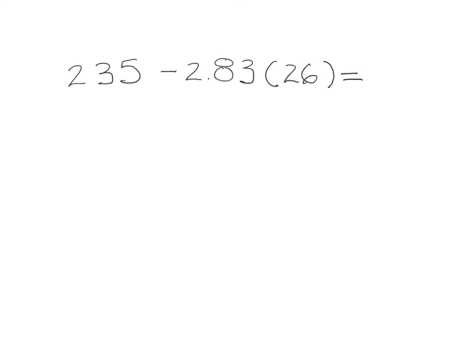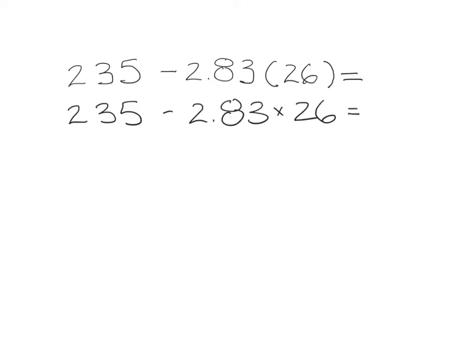On a problem like this one, where everything's just laid out in a straight line, if you enter this in your calculator as 235 minus 2.83 times 26, your calculator is going to do this operation first because multiplication rules over subtraction.